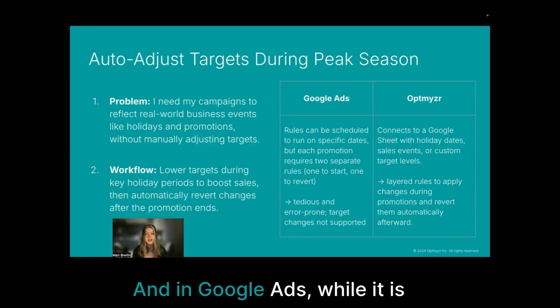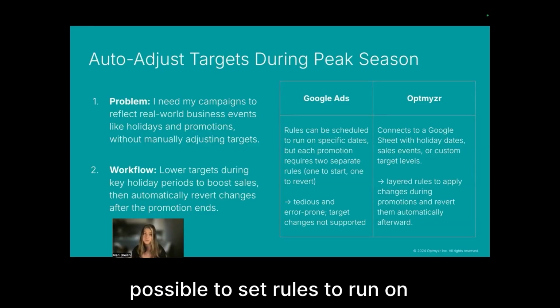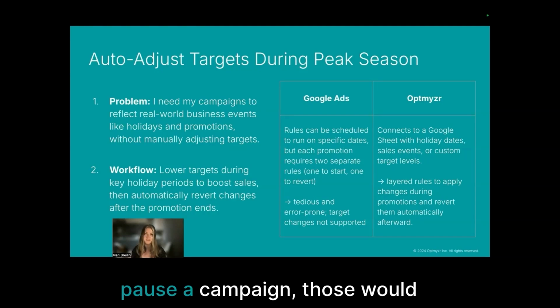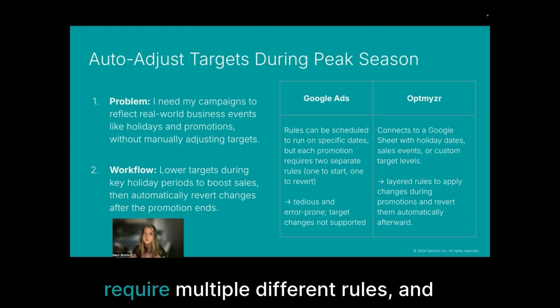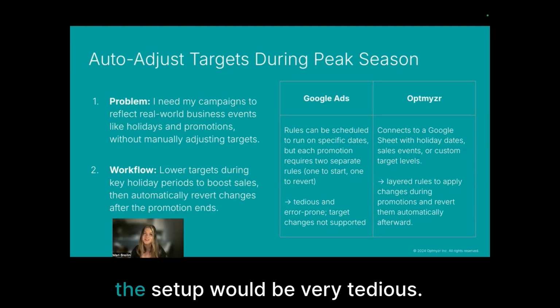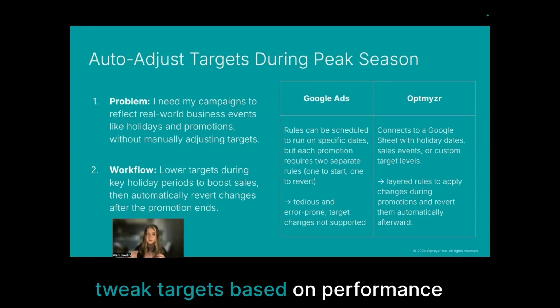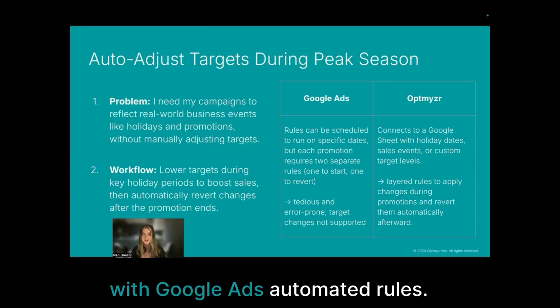And in Google Ads, while it is possible to set rules to run on a specific day and take action, for example, enable a campaign, pause a campaign, those would require multiple different rules and the setup would be very tedious. And in addition, it's not possible to tweak targets based on performance with Google Ads automated rules.